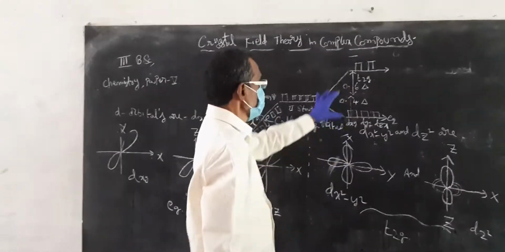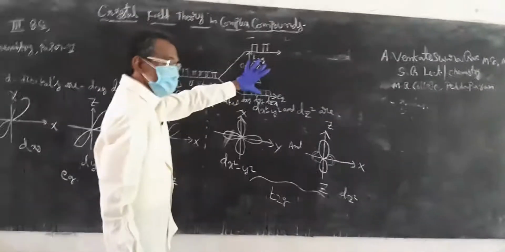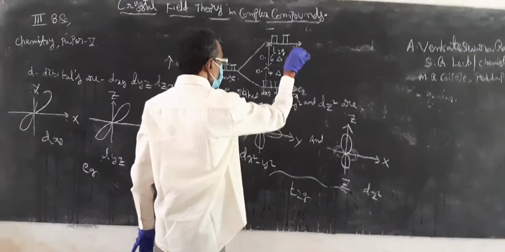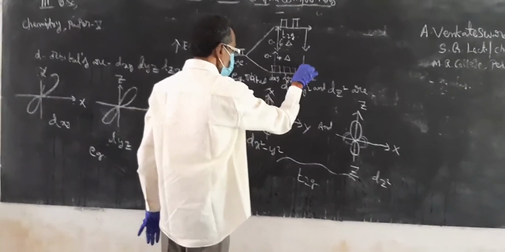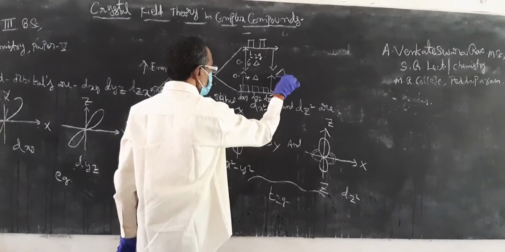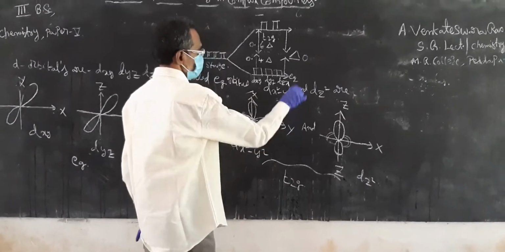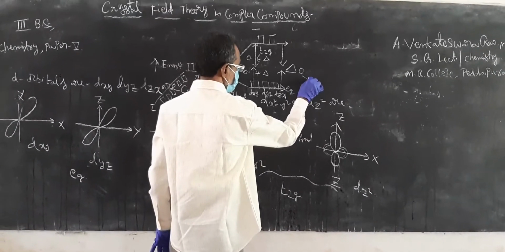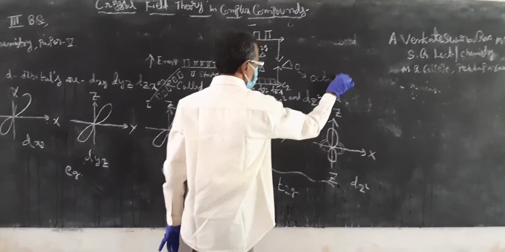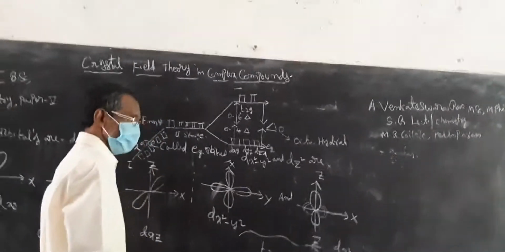The difference between these orbitals is delta O, where O means octahedral.